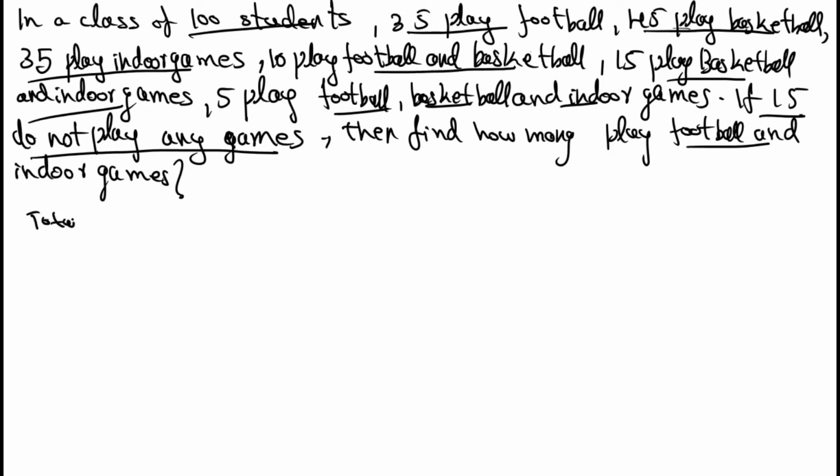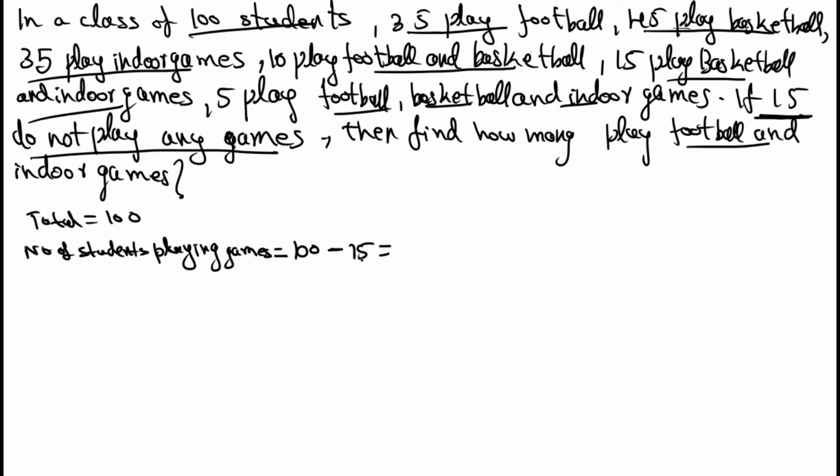Total is equal to 100 students given. Number of students playing games is equal to 100 minus 15, because those 15 students are not participating in any game. 100 minus 15 is equal to 85.